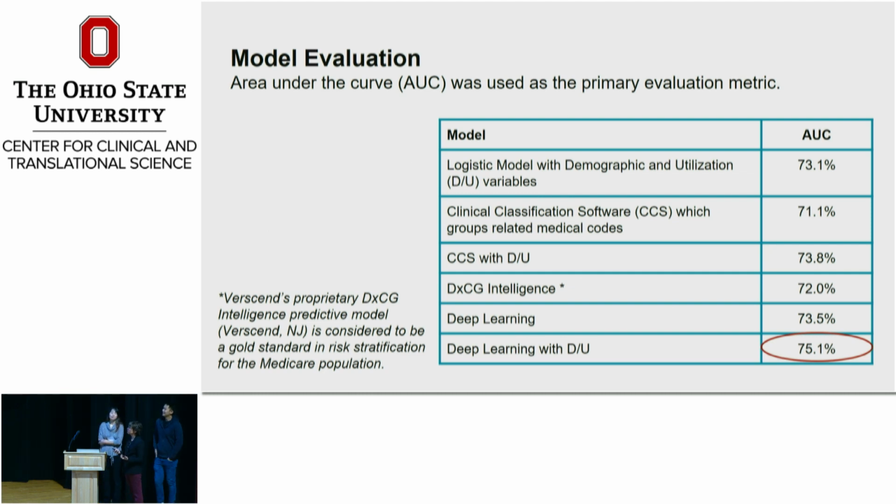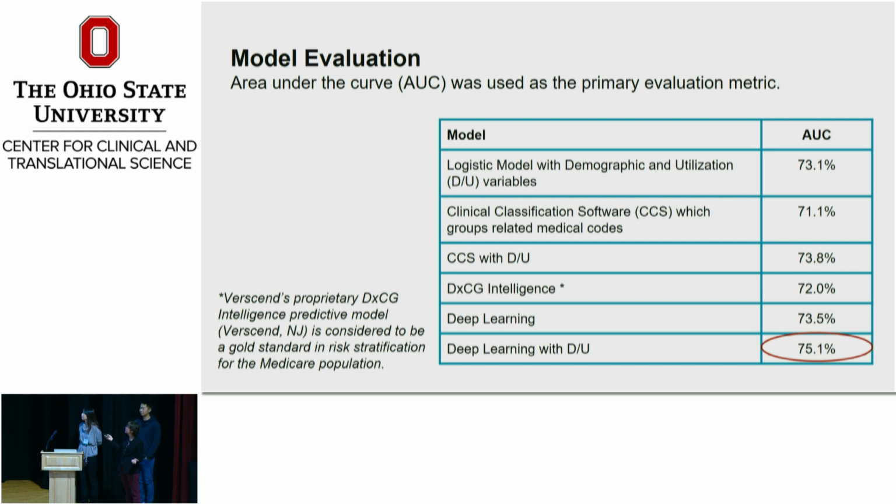So this is our first bit of results. We looked at the area under the curve as our primary evaluation metric. And up here, you can see 6 different models that we use. The first was a logistic regression using the demographic and utilization variables that are in the electronic health record.